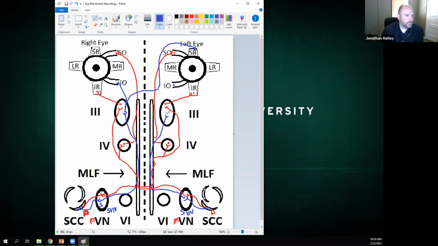One connection is going to go straight to its own inferior oblique. The other connection is going to decussate within the brainstem, and then come over here and innervate the contralateral superior rectus. So this is in fact both the excitatory and inhibitory signal pathways for upward chin rotation and the associated VOR eye movements or counter rotations to the head rotation.